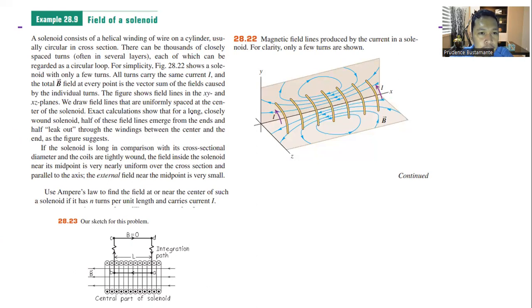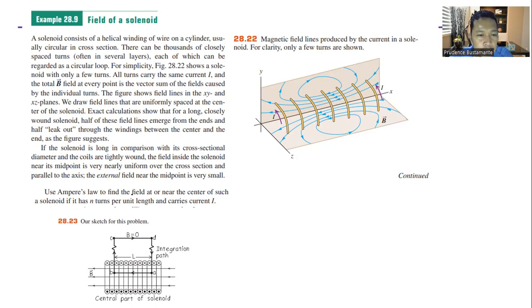Exact calculations show that for a long, closely wound solenoid, half of these field lines emerge from the ends and half leak out through the windings between the center and the end, as the figure suggests. If the solenoid is long in comparison with its cross-sectional diameter, the coils are tightly wound, and the field inside the solenoid near its midpoint is very nearly uniform over the cross section and parallel to the axis. The external field near the midpoint is very small.